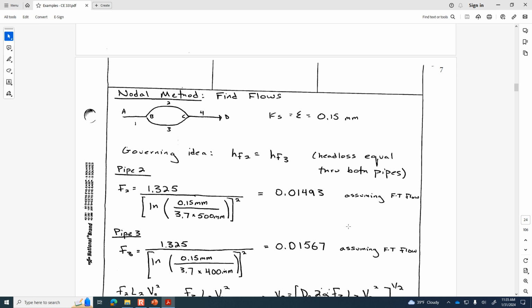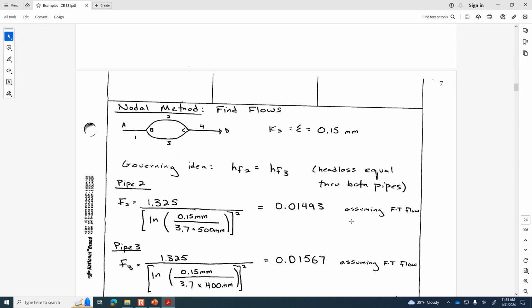Okay. So I'm going to pause and ask you to calculate what is V2 in terms of V3. Let me lay it out on the whiteboard here. The head loss due to pipe friction through pipe 2 is equal to the head loss due to pipe friction through pipe 3.